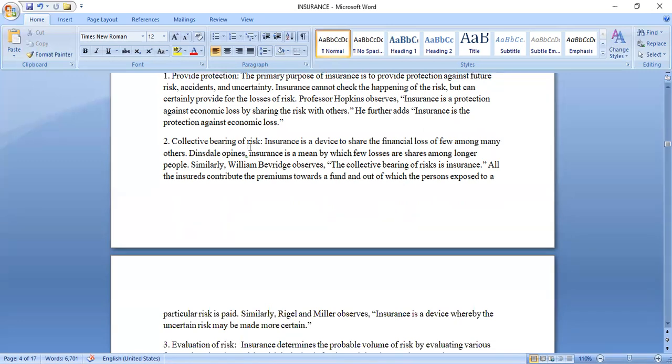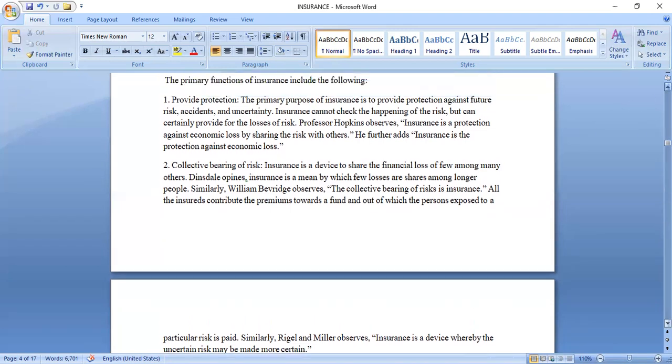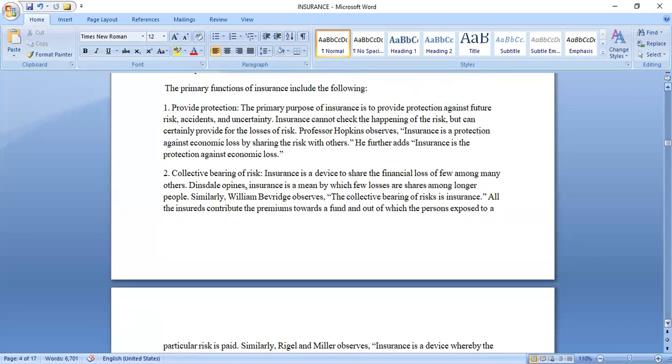Then remember these are primary functions of insurance. Collective bearing of risks. Actually, most of these primary functions of insurance are characteristics or nature of insurance. Another primary function is collective bearing of risks.